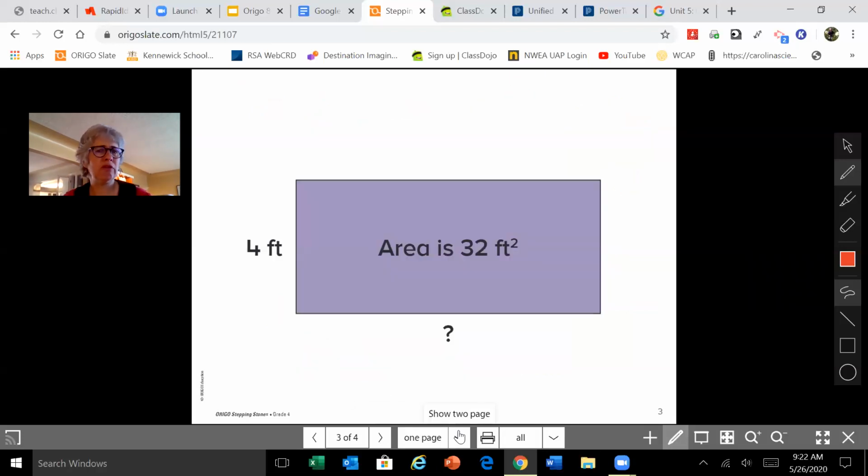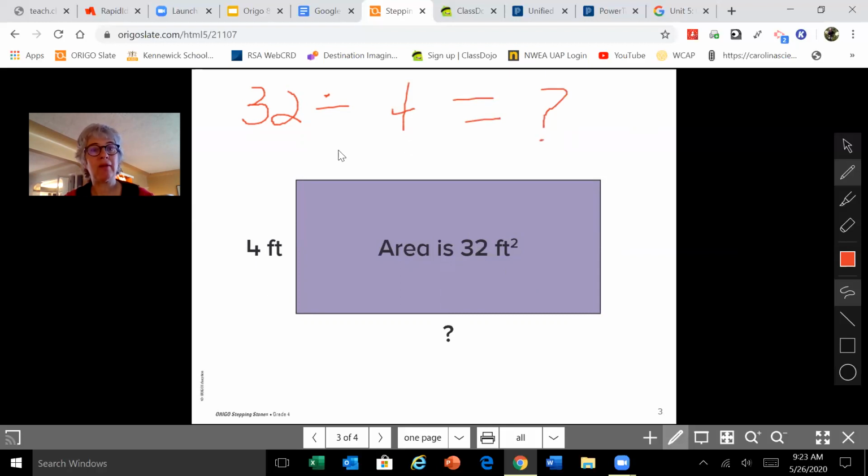Okay, so this looks different. Instead of there being squares, we have words and numbers. So if we know that the area is 32 and we know one side, then we can figure out this side. You could do, again, 32 divided by 4 equals this mystery side.